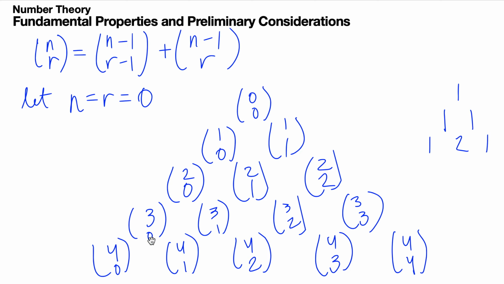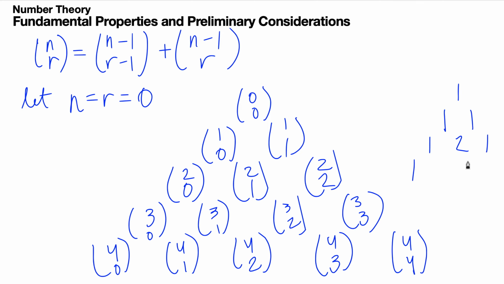Okay, 3 choose 0, that's going to give us 1. Okay, 3 choose 1, so 3 factorial all over 1 factorial times (3 minus 1) factorial. So this is going to become 6, and this is going to become 2. 2 times 1 is 2, so that's going to give us 3.